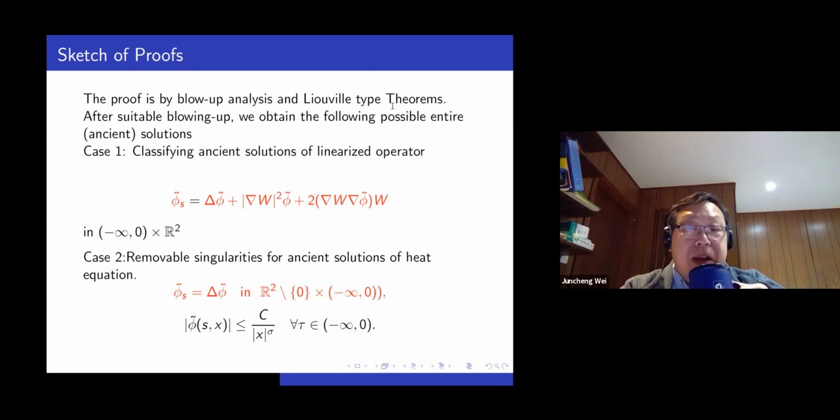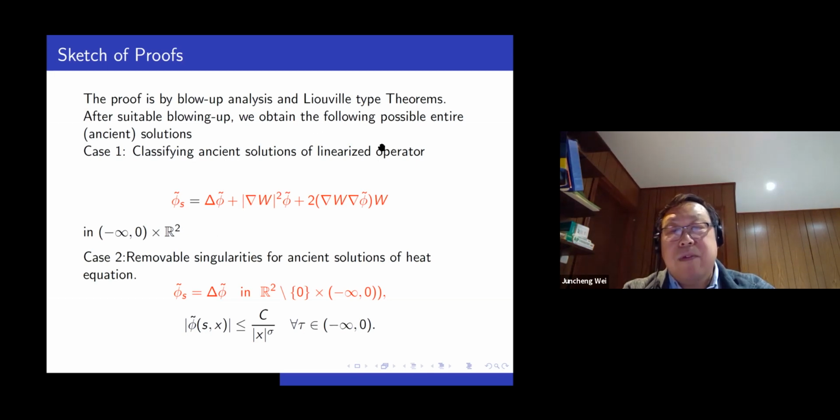And since you have L2, after blow-up, you're going to get an ancient solution for the linearized operator. So you need to classify the ancient solution for the linearized operator, and because you have L2 theory, you can do a classification.